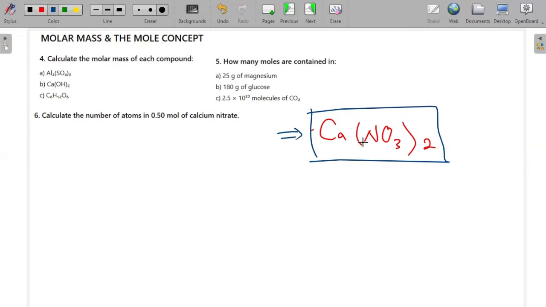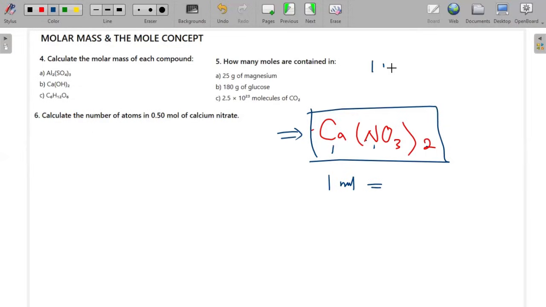Okay, so one mole of this formula contains how many atoms from what we can see here? It has the calcium 1, it has the nitrogen multiplied by 2, so it has 2 nitrogen. And then it has oxygen 3 inside the brackets multiplied by these 2, so it has 2 multiplied by 3 oxygen, so it has 6.